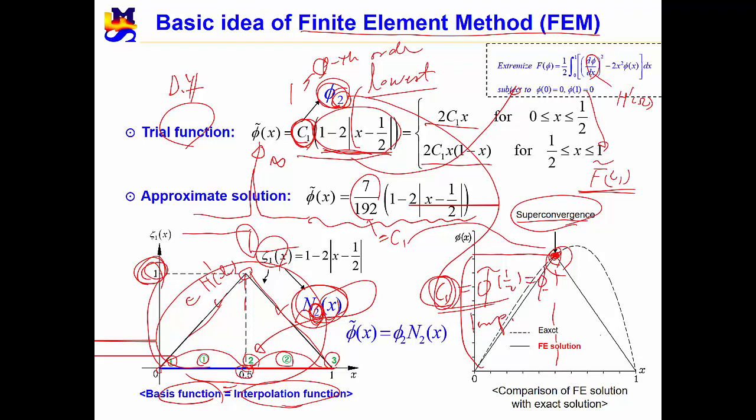That is, phi 2 means the nodal value of an unknown function at node 2, that is, at this point. And therefore, this is a 2-element and 3-node FE model, finite element model. And this is the expression of the trial function in FEM.